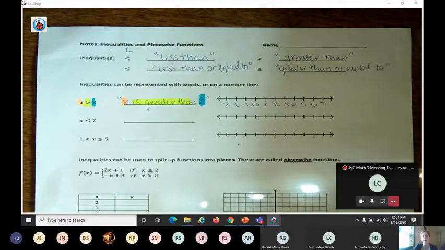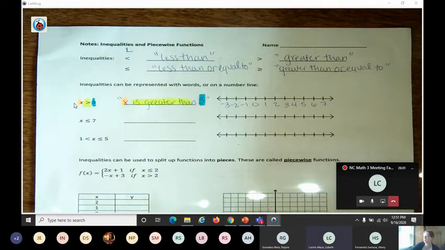Elizabeth, what's the number in our expression here? Elizabeth, are you there? Yes. Okay, what's the number in our expression here? So our expression is x is greater than 3. What's the number? 3. Very good.